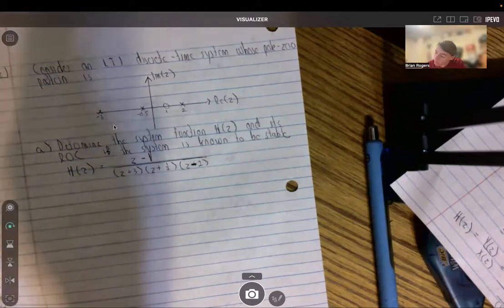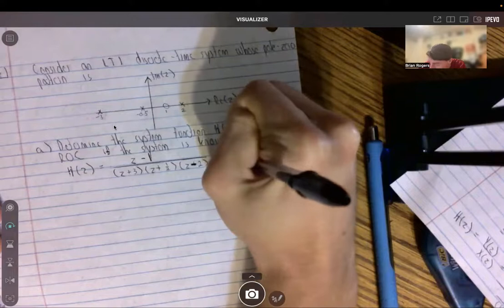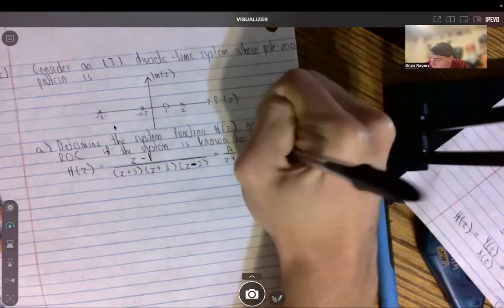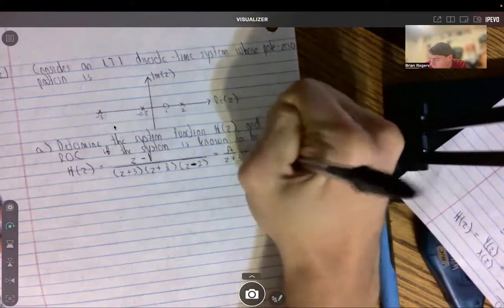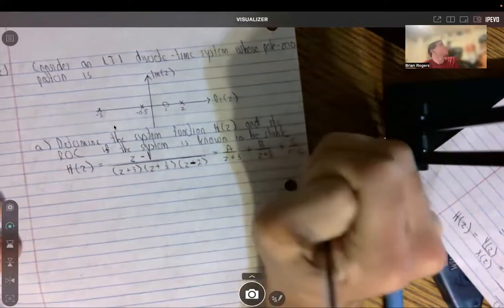And so when we do the partial fraction expansion, it's going to be A over z plus 3, plus B over z plus 1/2, plus C over z minus 2.